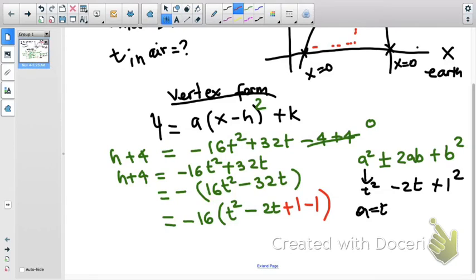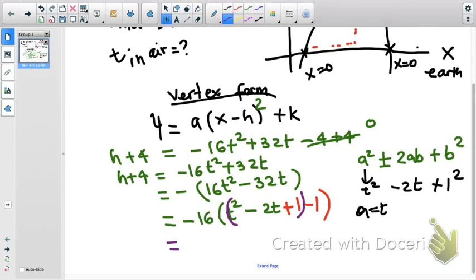Okay. So now that I've done that, you need to be careful the way you expand, because this is the square that we really need: t squared minus 2t plus 1. This negative 1 is just to cancel this one, because this one was not given to us in the beginning.